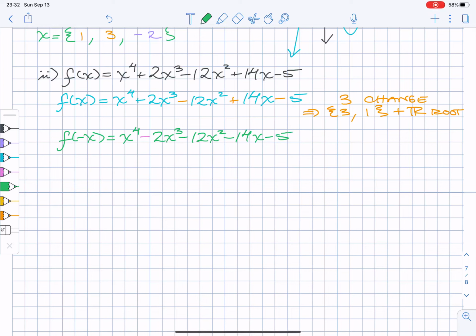So there is actually no changes in sign for this. Oh, yes, there is, from the first term to the second. So yeah, because this is positive here. So there's 1 change in sign, so this is 1 change. So there's only 1 negative real root.